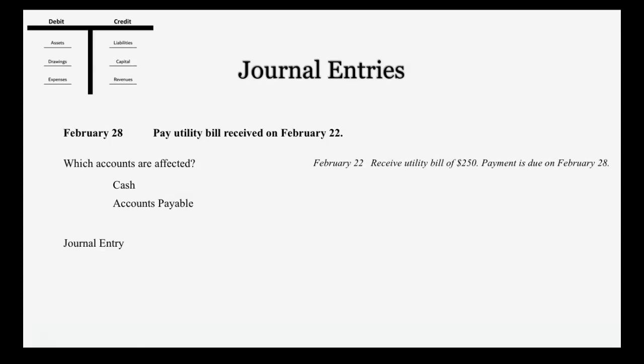And to decrease accounts payable, which is a liability, we have to debit our accounts payable. So we'll debit accounts payable $250 to show that that account's balance is decreasing. Then we'll credit cash for $250 to show that that account's balance is also decreasing.